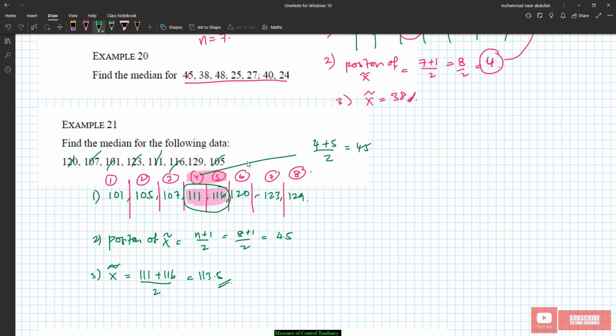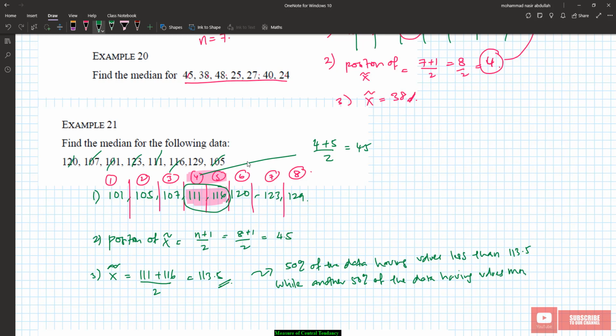So you will get 113.5. So what does this mean? It means that 50% of the data have values less than the median value, which is 113.5, while the other 50% of the data have values more than 113.5.